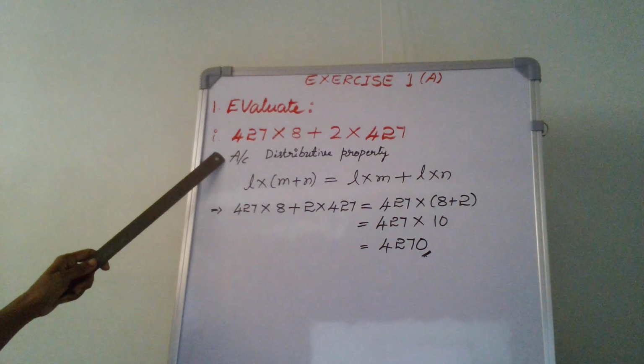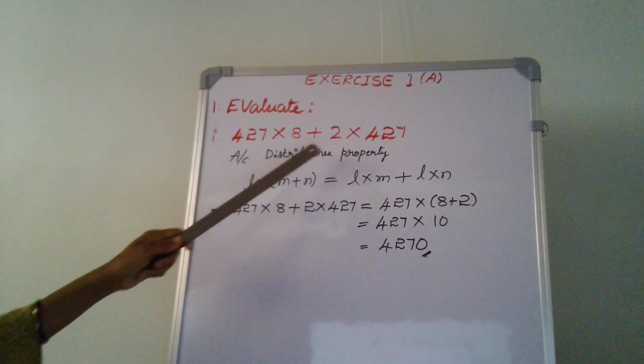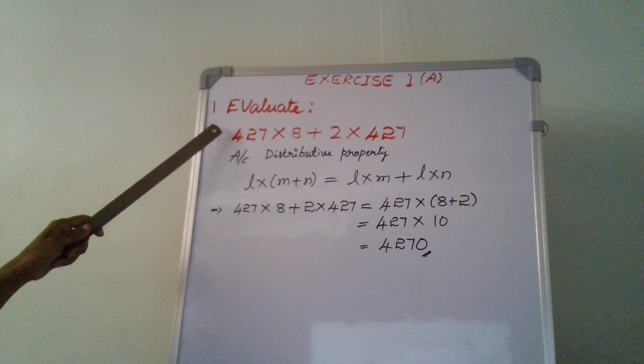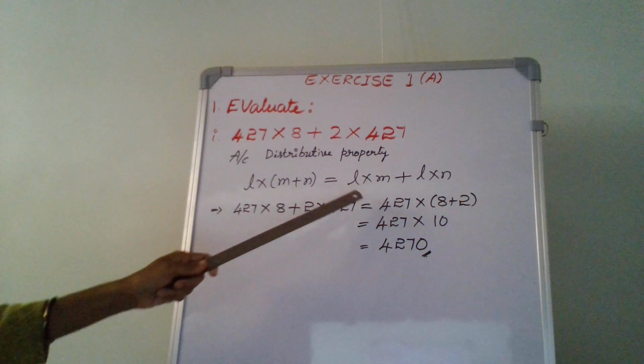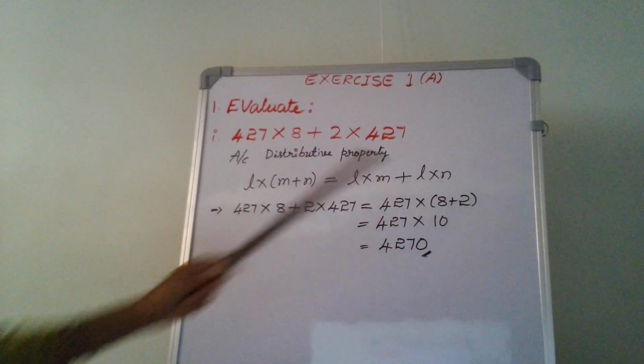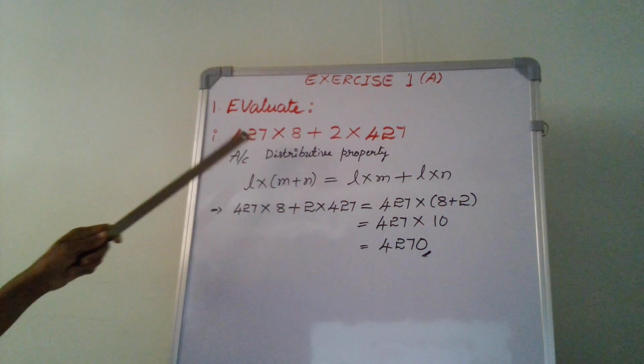According to the distributive property, if you observe the problem, it is of the form of the distributive property RHS, right hand side, L into M plus L into N. What does the distributive property say?